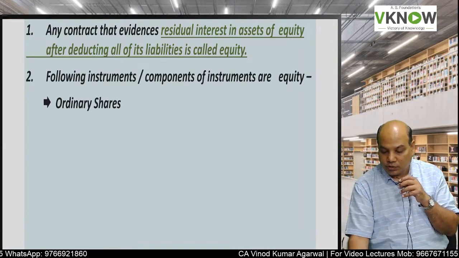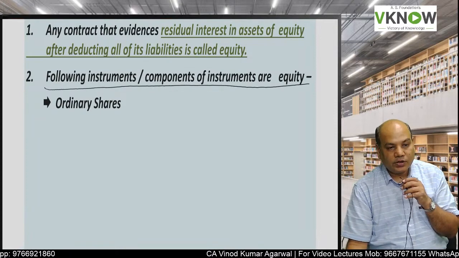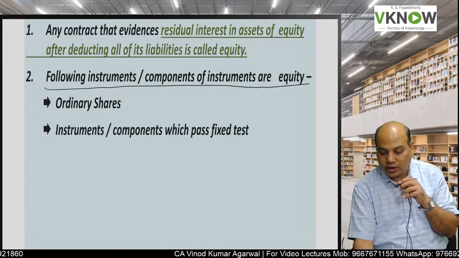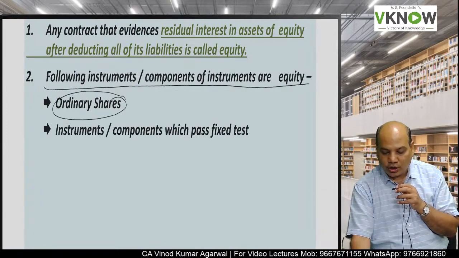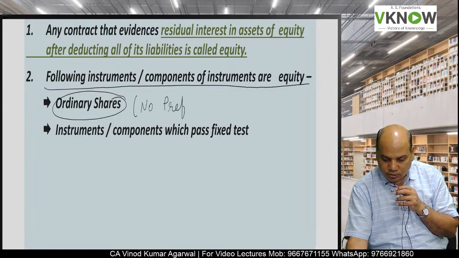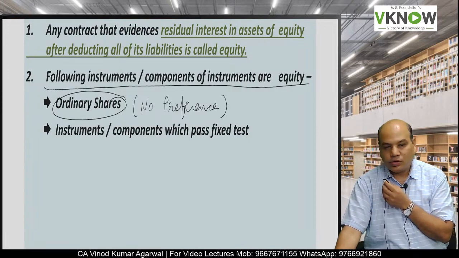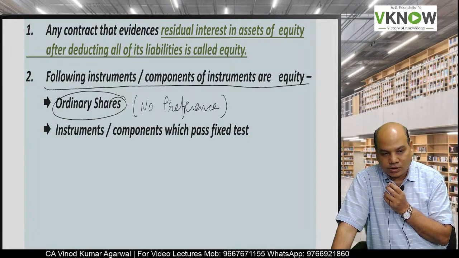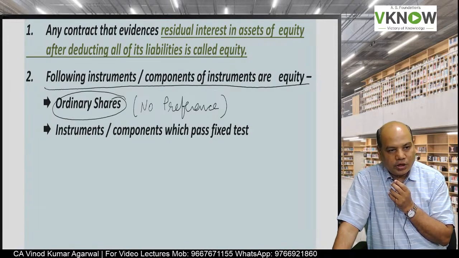So now the question is, what are the financial instruments or components of financial instruments which will be treated as equity? One is ordinary share. Don't write equity share, write ordinary. Ordinary share means no preference of any kind, whether it is payment of dividend or redemption or anything, then it is called ordinary share.